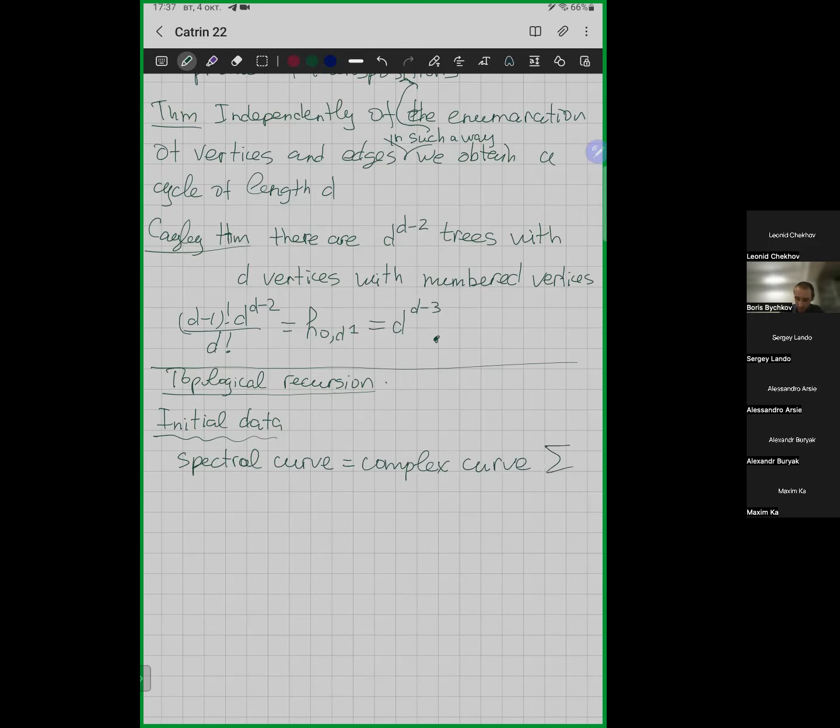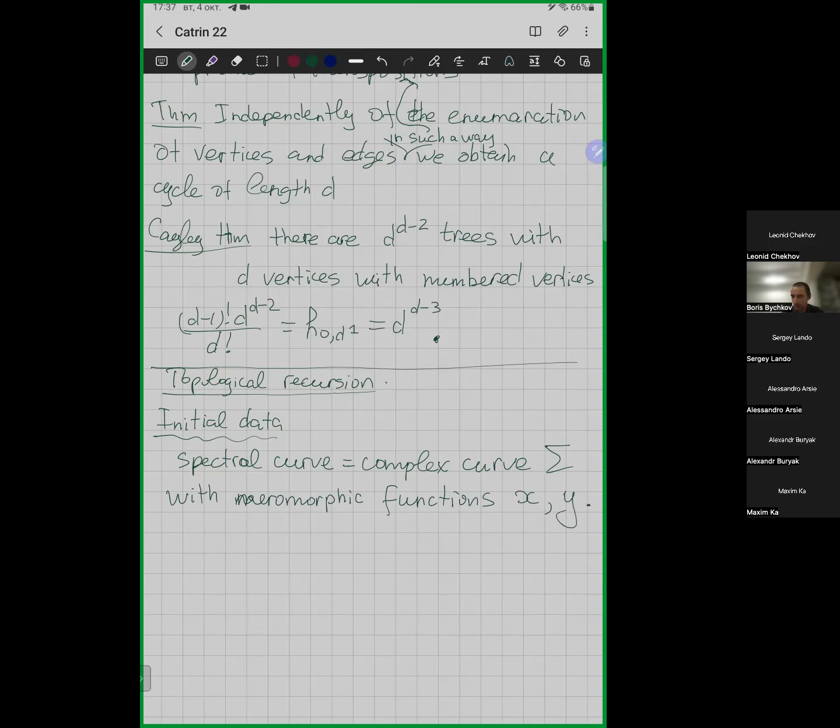Sigma, with some structure. Let me say the definition. It's a complex curve with meromorphic functions x and y on it.